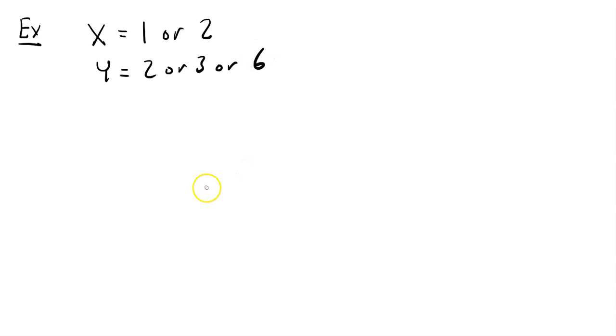us take another example. Let's say that x is, we have 1 or 2 on the die, and y is 2 or 3 or 6 on the die. Okay, what is now the probability that at least one of them will happen?